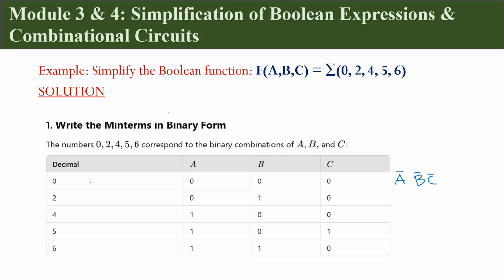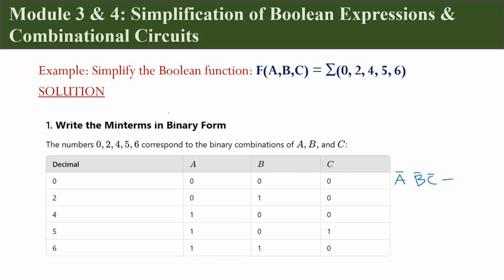So, for the first decimal given, which is 0, we can write it as this. Is that okay by everybody? Okay. What will this second one be? A bar, B, then C bar. Good.